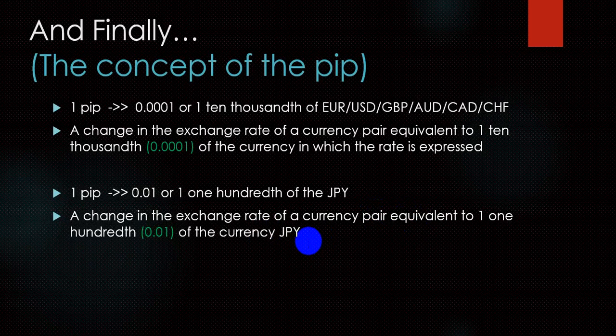When it comes to other pairs, when price moves just 0.0001, which is 1/10,000th of the quoted currency, 1 pip has been traveled. But when it comes to the Japanese yen, price has to move only 1/100th, and boom, we say price has moved 1 pip.